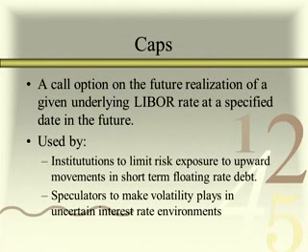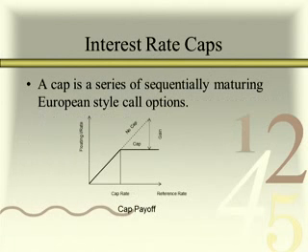And speculators use it a lot to make volatility plays in uncertain interest rate environments. So it's used by both, but mainly by institutions. An interest rate cap is a series of sequentially maturing European-style call options. So normally it's not one option. It's a series of them.